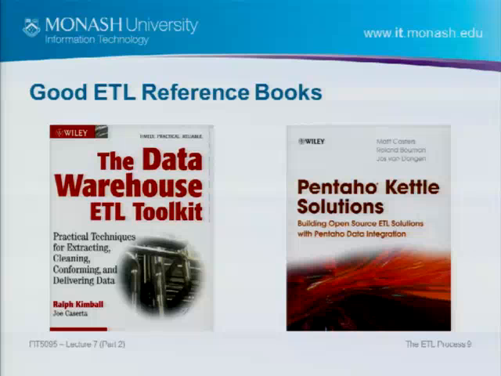The next best available book is probably the Pentaho Kettle Solutions. It's based on a similar architecture and approach to the Data Warehouse ETL Toolkit book, but it looks more specifically at implementing things in the Pentaho Kettle tool.